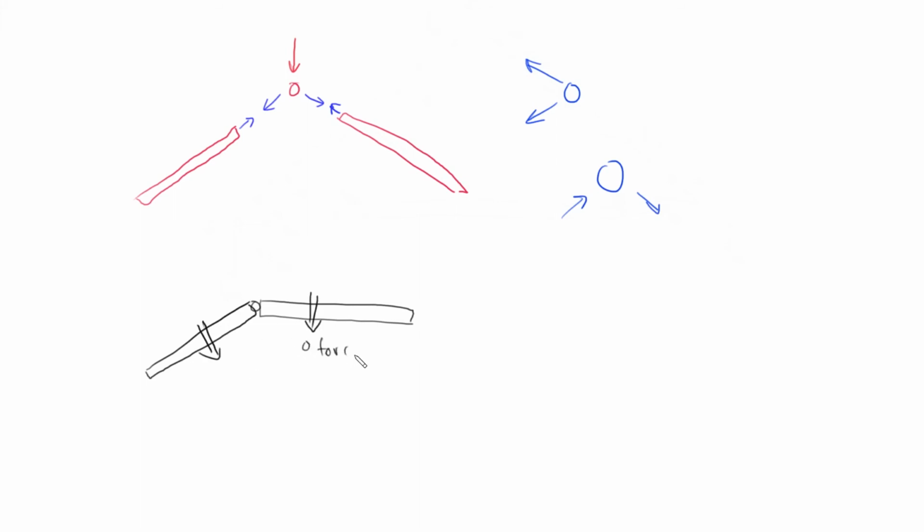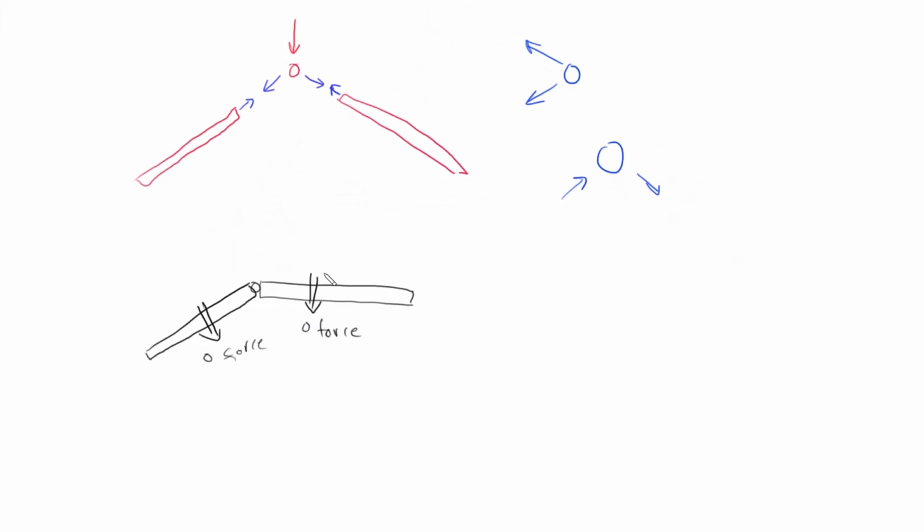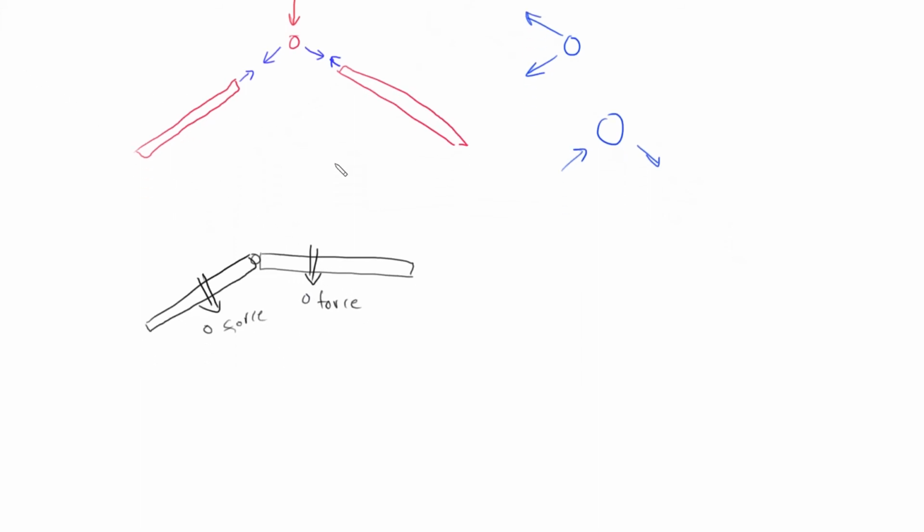However, if we take the same diagram, and there's a joint, and then there's a force being applied to them in that direction, then we do not know if these members are 0 force members. But if there is no applied force, then we can actually say that these members are 0 force members, meaning there's no forces acting through them. And that's just the basic concept of what 2 force members are.